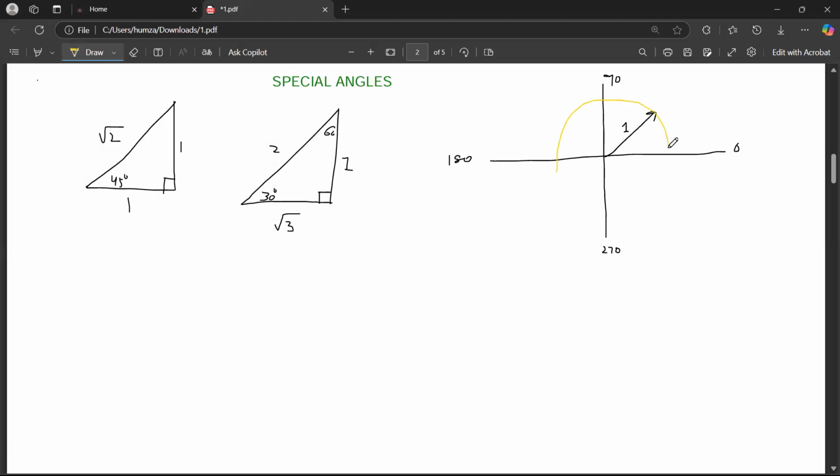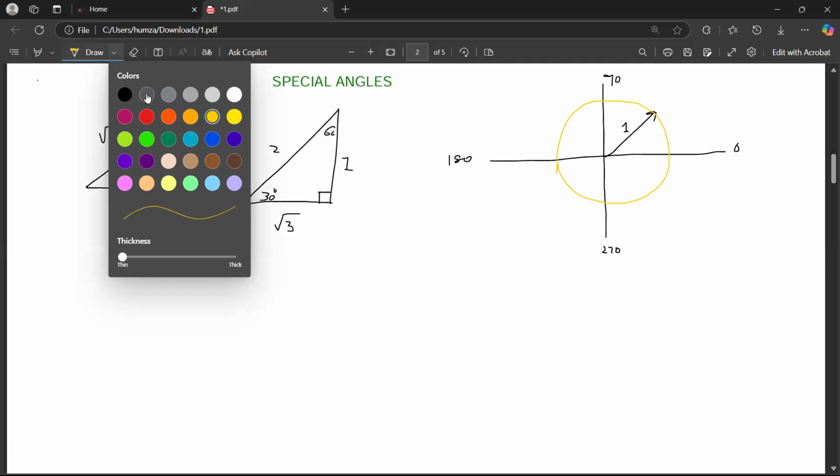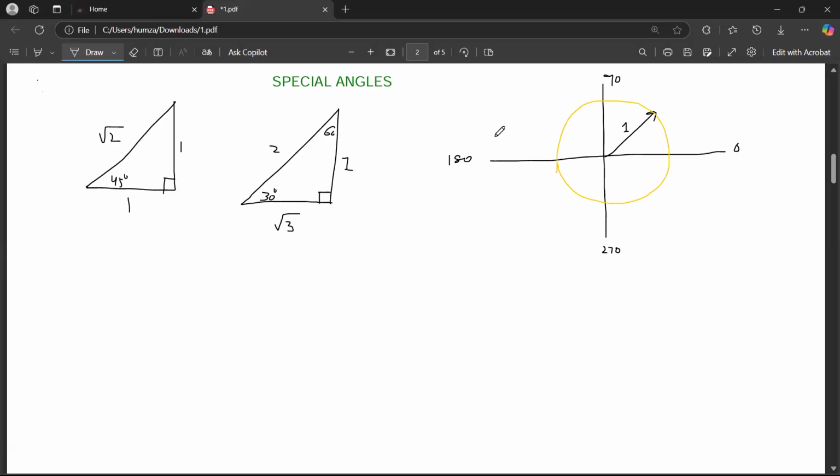And we draw a small circle. This is just a rough sketch, just to explain to you what's happening. This point is your minus 1, 0. This point is your 0, 1.